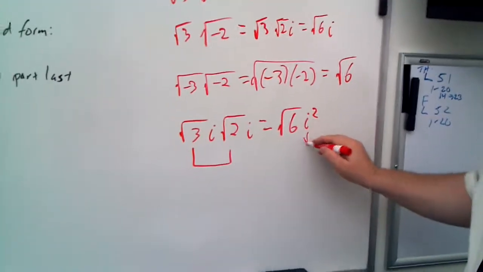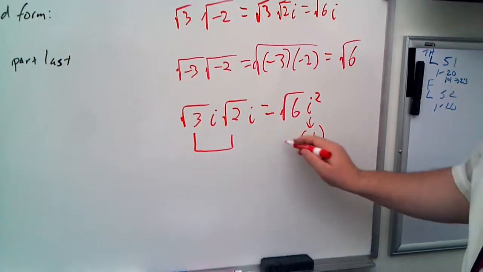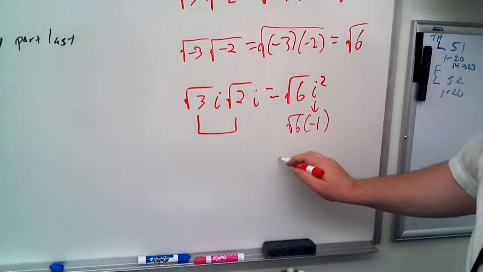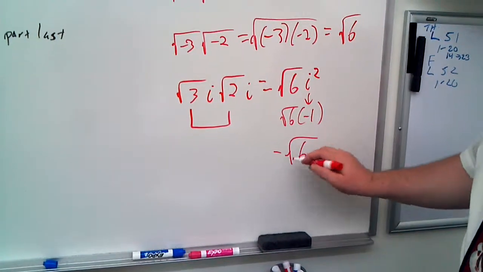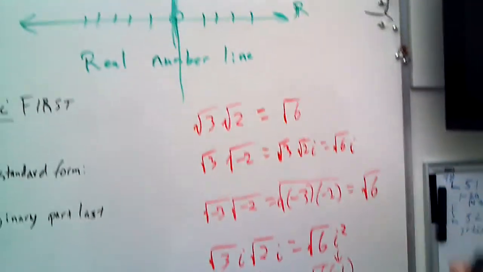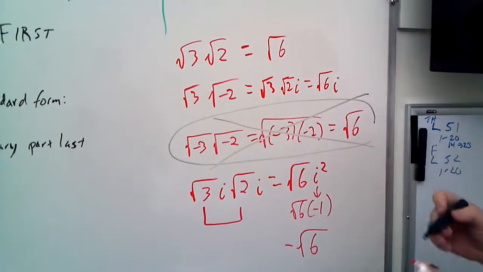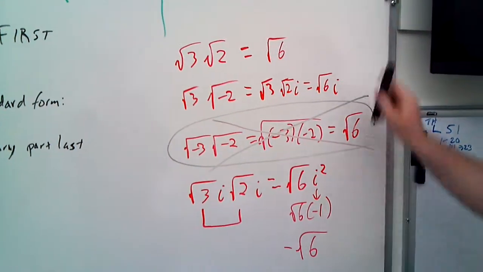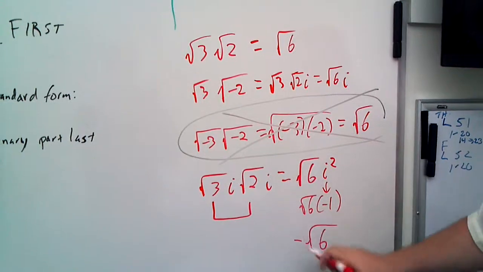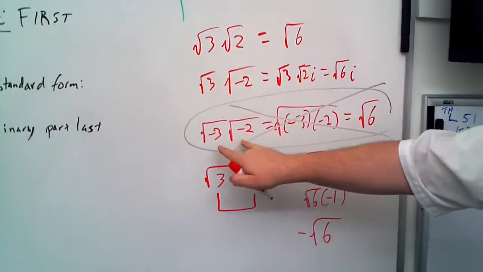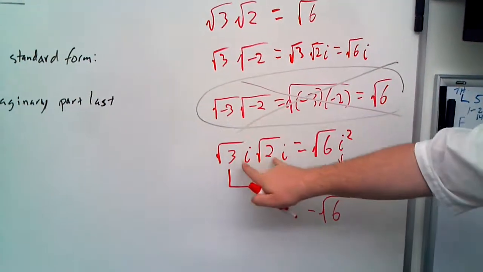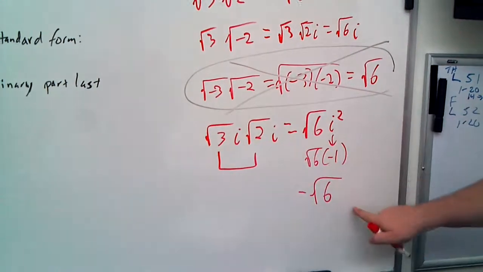So this becomes the square root of 6 times negative 1, which is the negative square root of 6. So this actually does not work. You can't do that. This is what you have to do: factor out the i first, and then simplify like this.